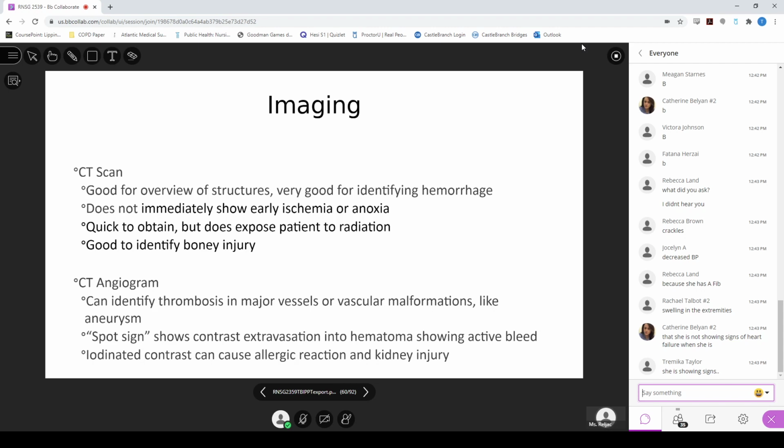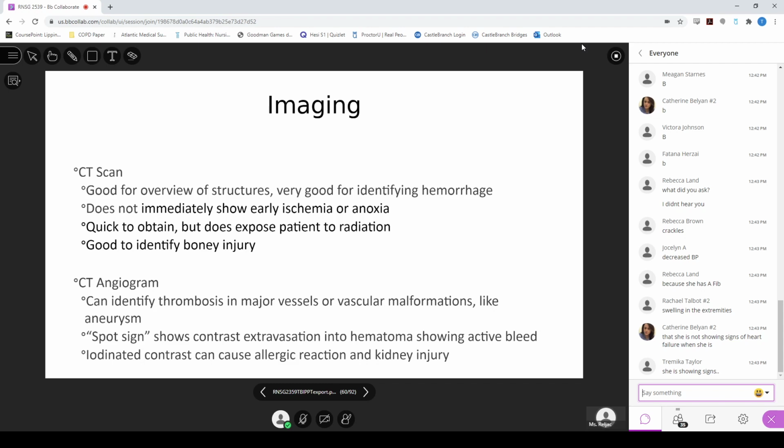The CT angiogram is done with contrast. It can identify thrombosis in a major vessel, and any vascular malformations like an aneurysm. The spot sign: the contrast will show the hematoma showing the active bleed. And this is done with an iodinated contrast, which can cause an allergic reaction and kidney injury.